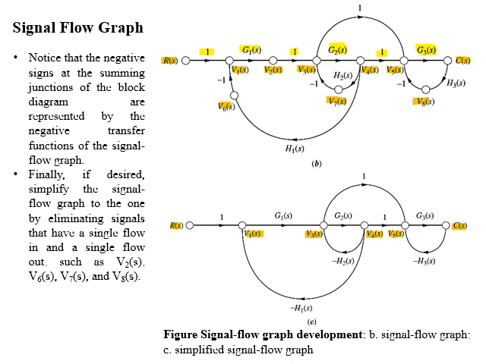Now if you look at the block diagram, there is a branch which connects V3(S) to V5(S). So in the signal flow graph, we have a branch which will connect node V3(S) and V5(S), and it will have unit gain.